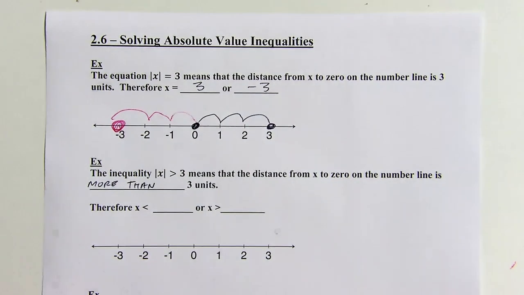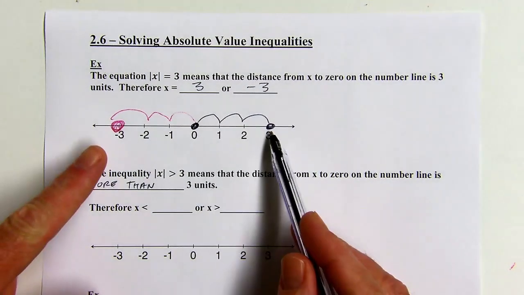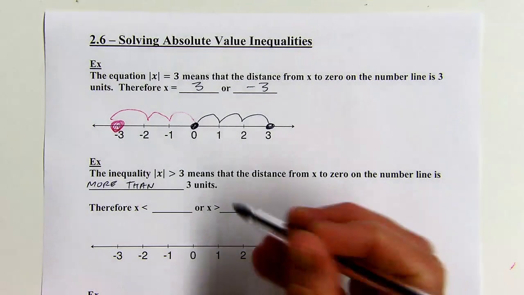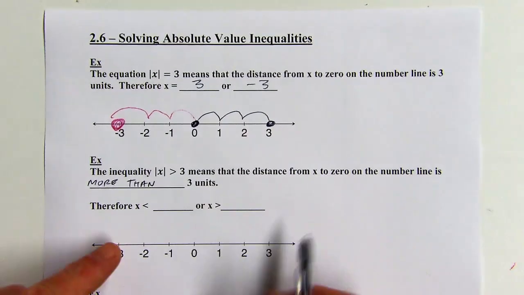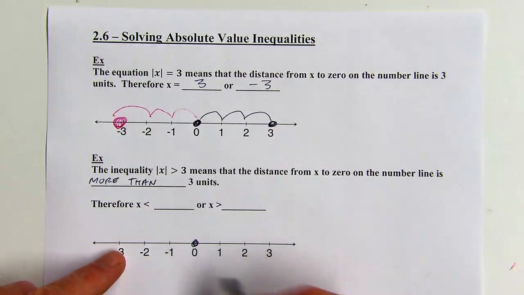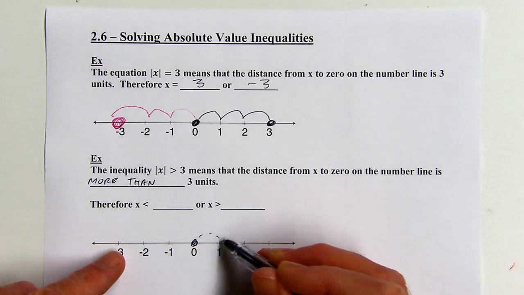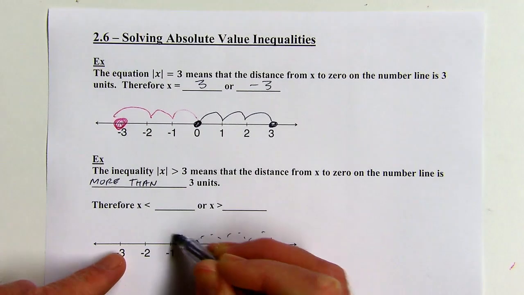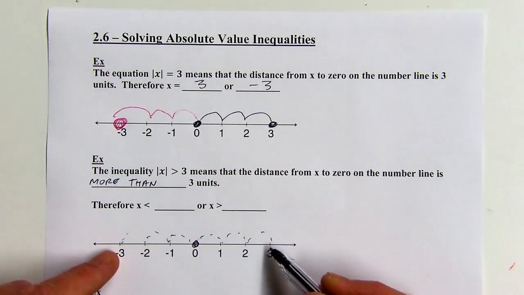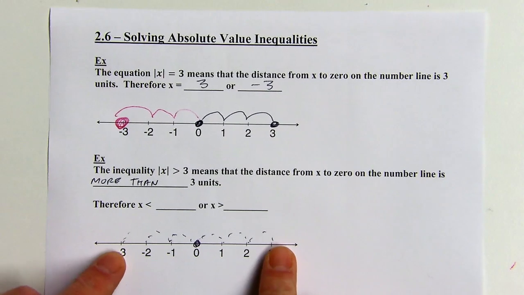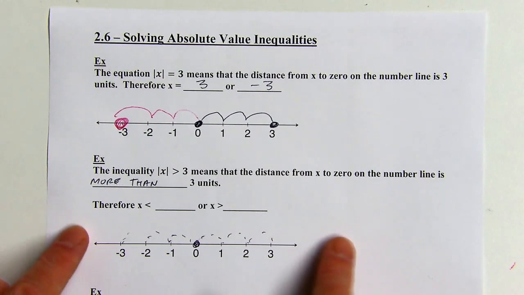Let's think about that. We've got these two points that are 3 units away from 0. Here's 0, and going 3 units away puts me there and over here. But if I want to be more than 3 units away from 0, you'd have to be out in this region.